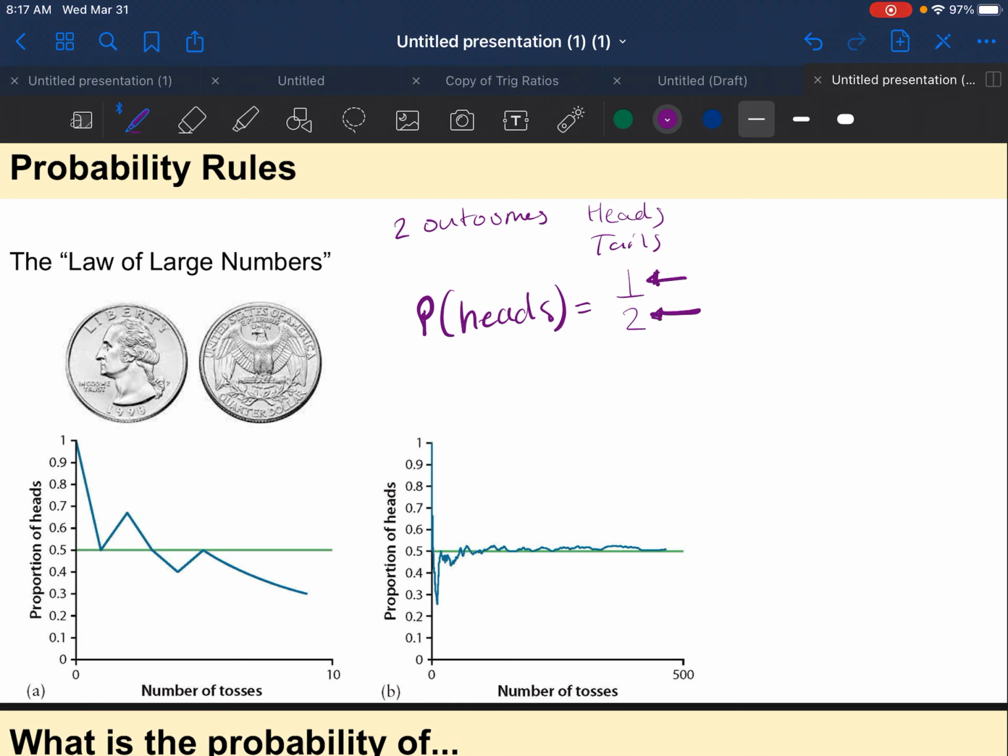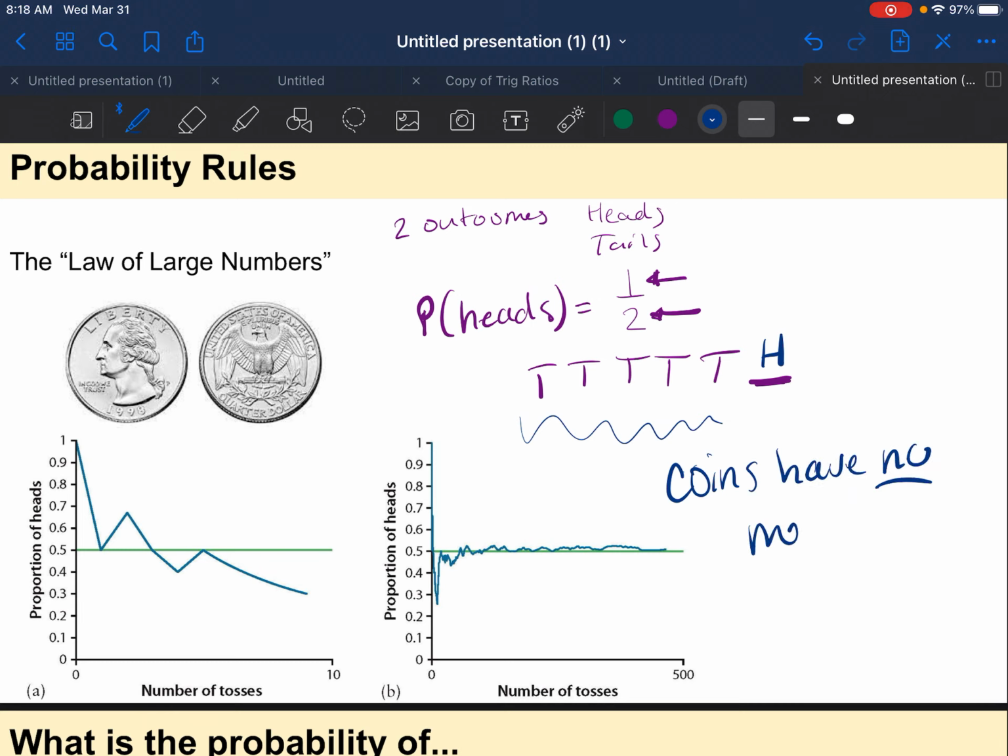Well, let's say I'm flipping the coin and I get tails, tails, tails, tails, tails. What do you think the next one is going to be? Some people think the next one has to be heads because you already had so many tails that it's going to change. And it might, but there's no rule or law that says that is actually going to happen, because coins have no memory.